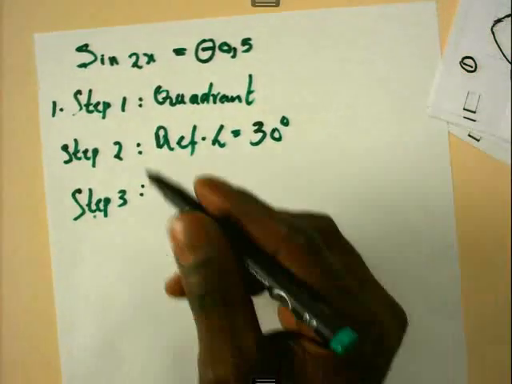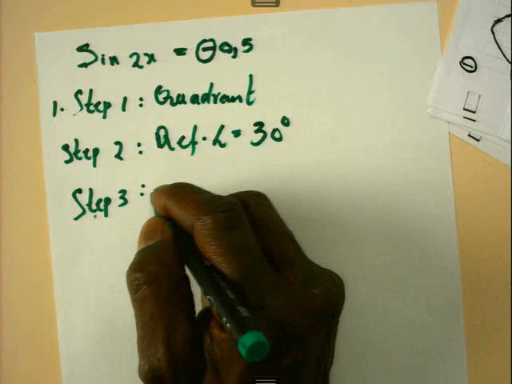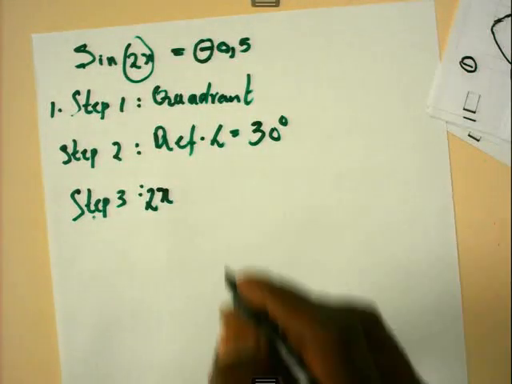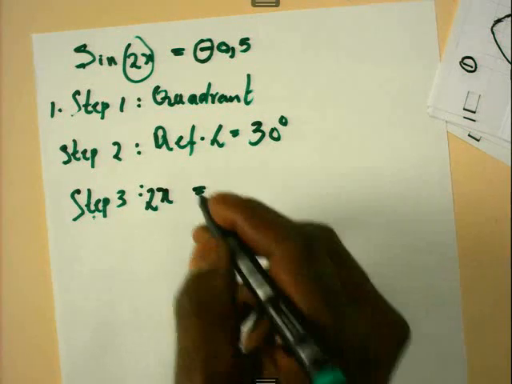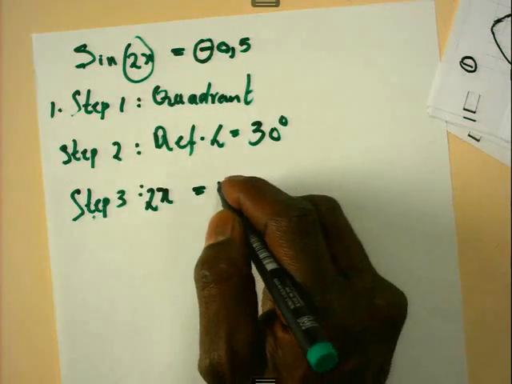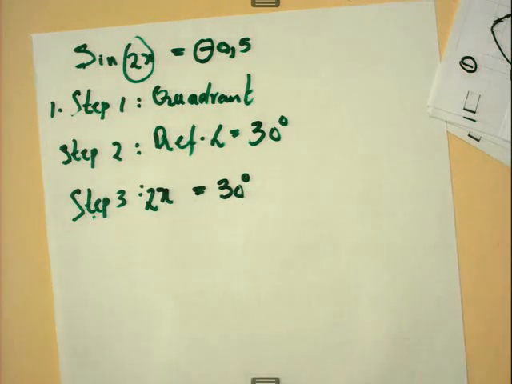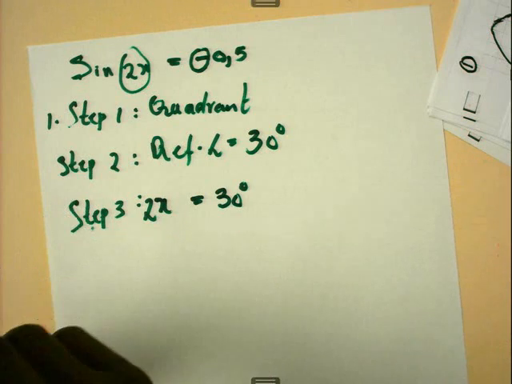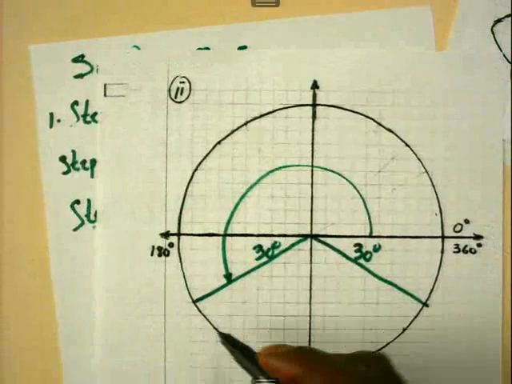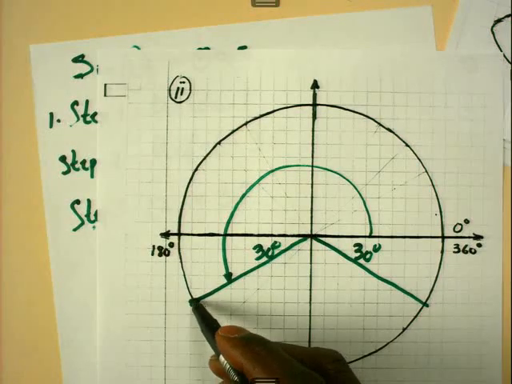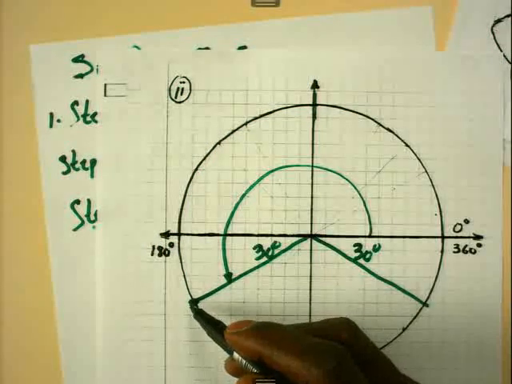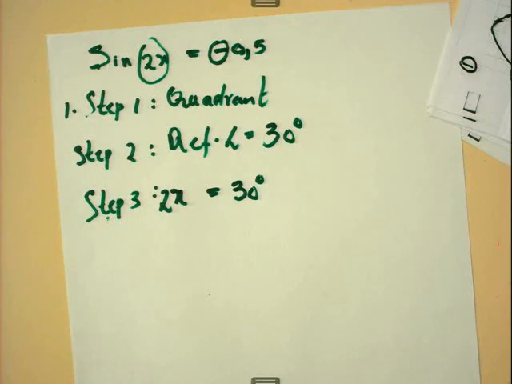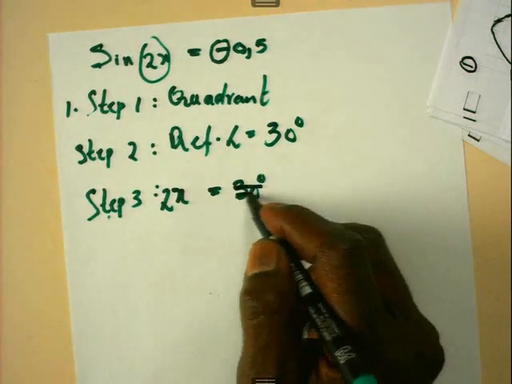So the solution will be, in this case we are having 2x, not x. 2x will be equal to 30 degrees. But now we can rotate from here 360 degrees and come back. So, that is not 30 degrees, my mistake.